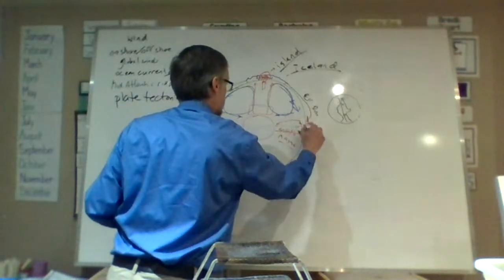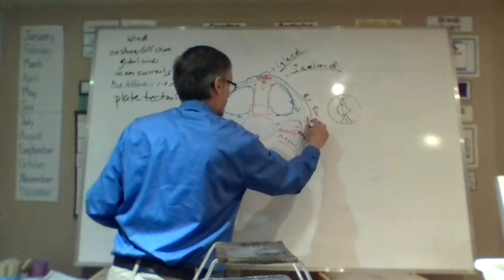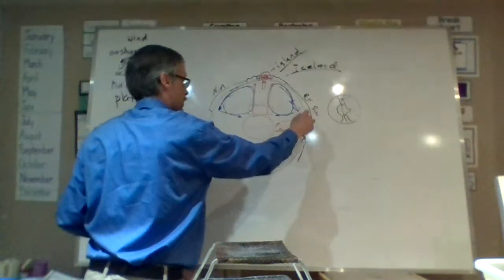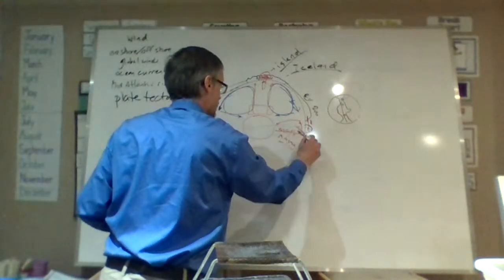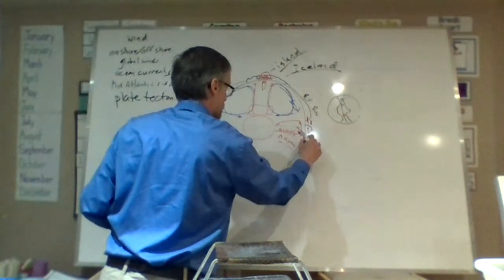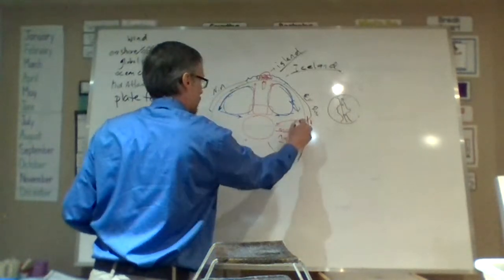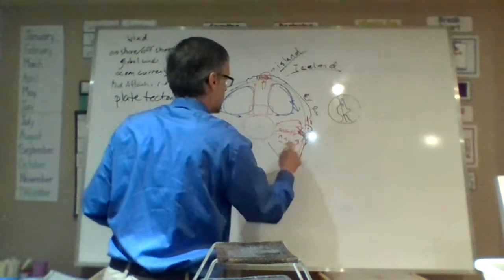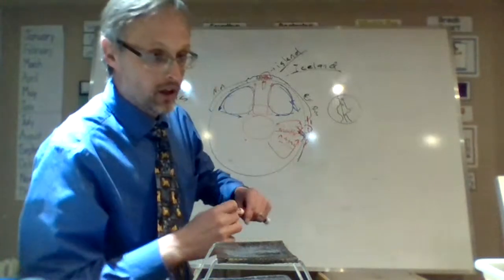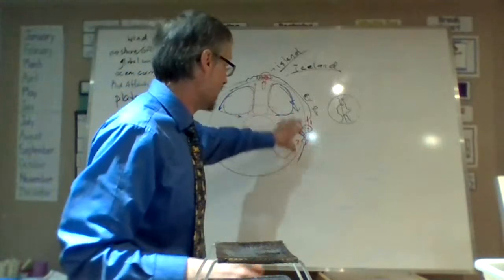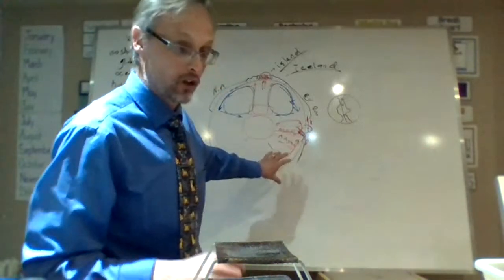So these two plates are coming together, these two plates are coming apart. In Japan, these two plates are being forced together. These ones are being forced apart. So Japan is happening because of convection currents.